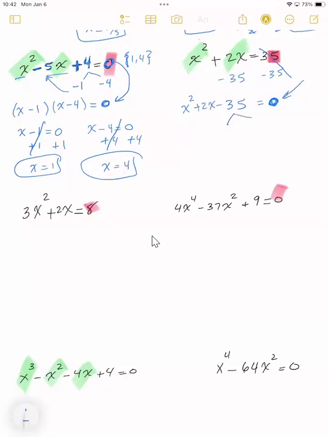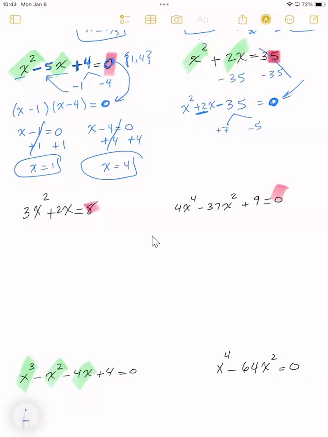We are going to look for 2 numbers to multiply to give us negative 35 and add to get positive 2. To get a negative number, one factor must be negative, one factor must be positive. So we have positive 7 and negative 5.